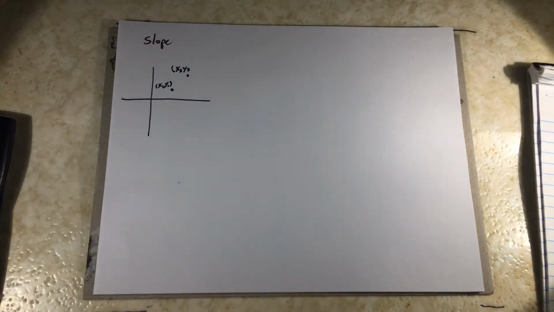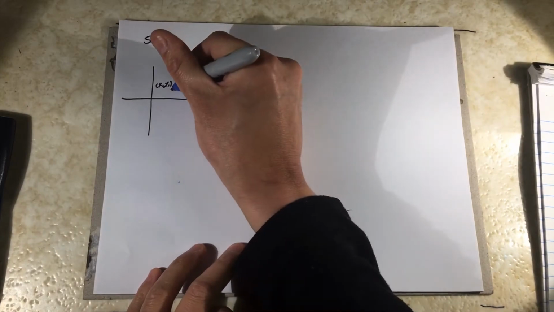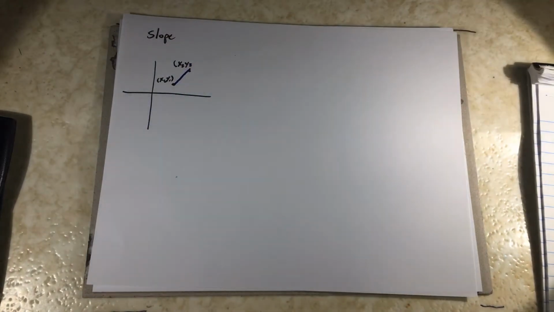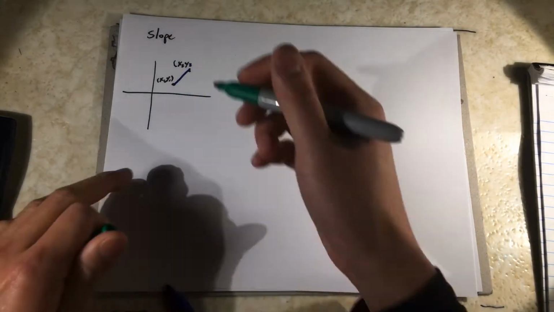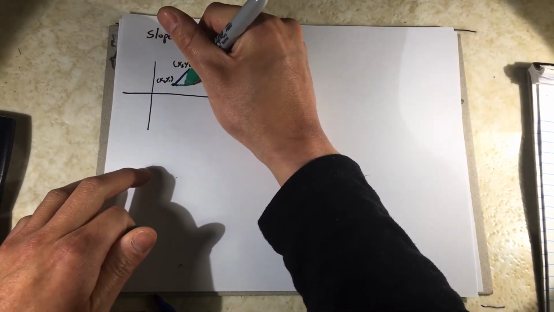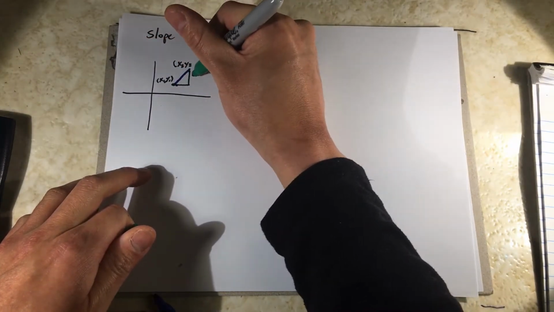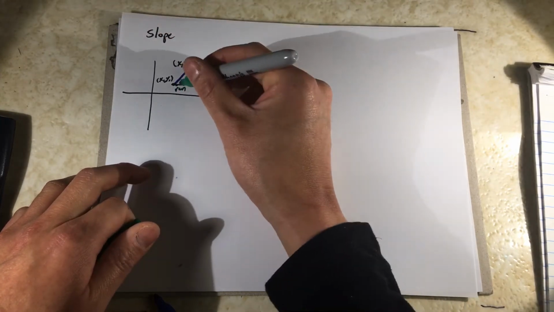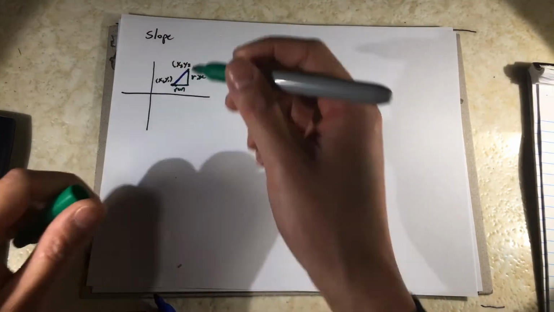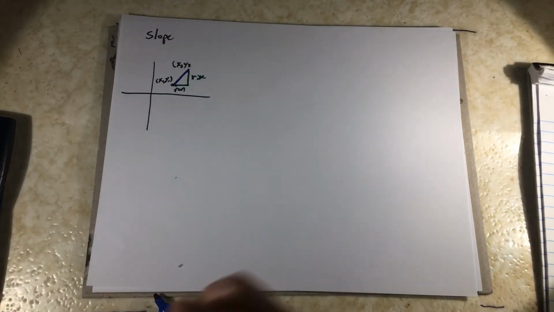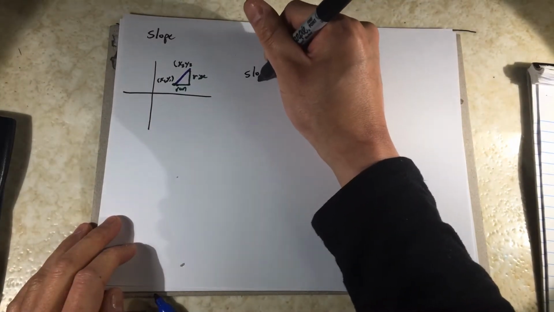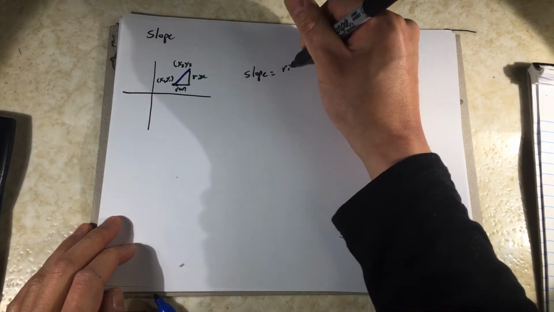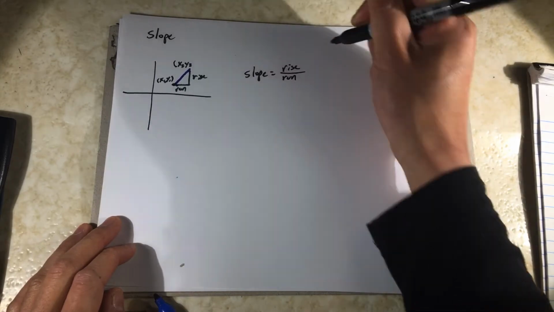And if we draw a line between those points, this is called the rise. This is called the run, right? So how far do you have to go in x, and then how much do you need to go in y? All right, so the slope is equal to the rise over the run.